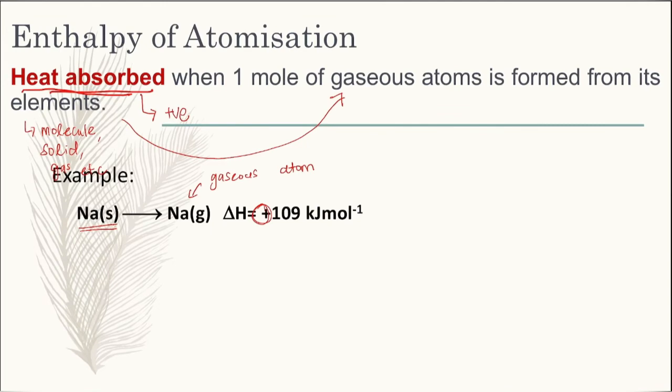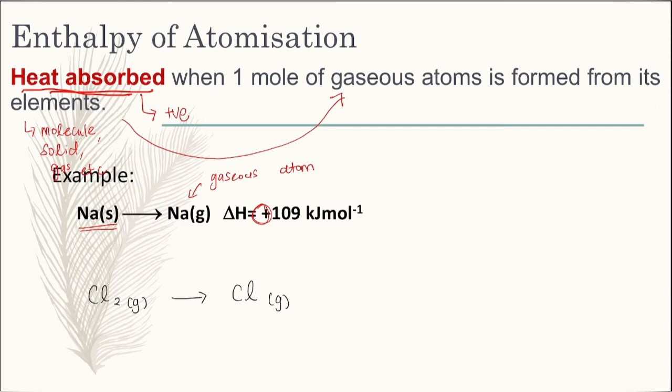Another example is the atomization of chlorine gas. For your information, chlorine as an element exists as a gas molecule. In order for us to atomize this chlorine gas, we have to convert it into just Cl, indicating that it is an atom in gaseous state. Then, you have to balance the equation.